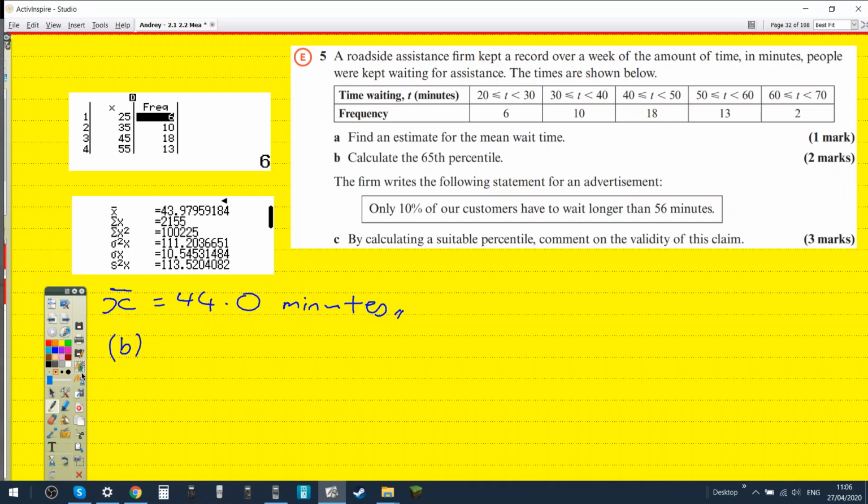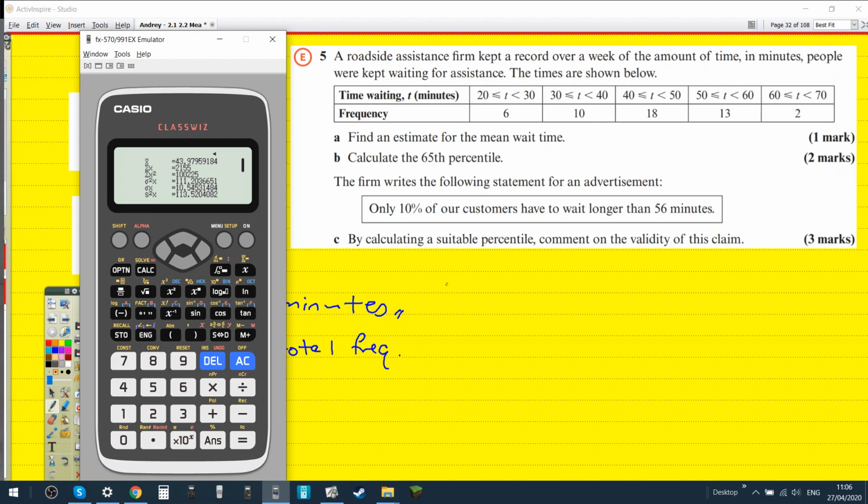I'm not quite sure. So you would start by doing 0.65 times the total frequency. Yep. And so what do you get for that?